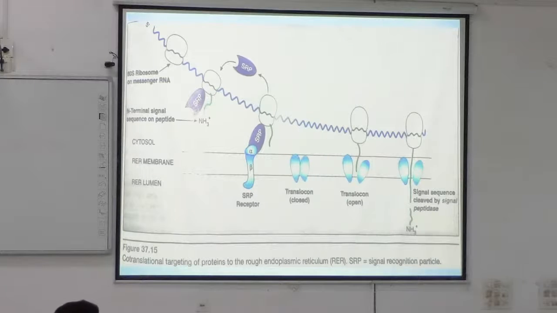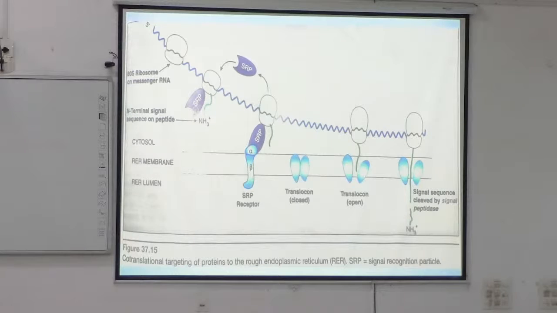Now, is the peptide that is getting targeted right now completely synthesized? Yes or no? No, right? That's why we call this mechanism co-translational transport. The protein is not yet synthesized. During the process only, we are targeting it to certain organelles.